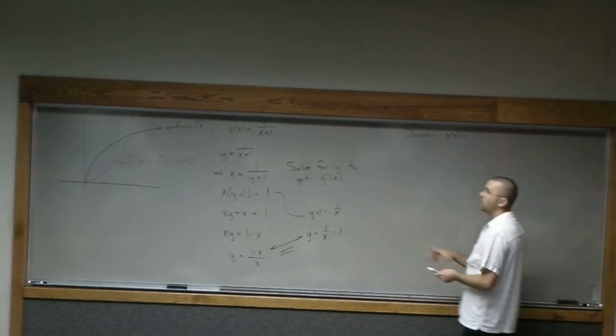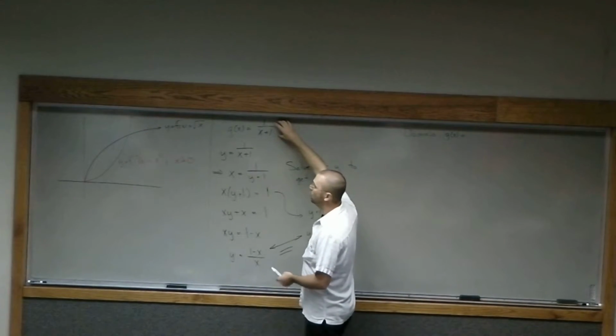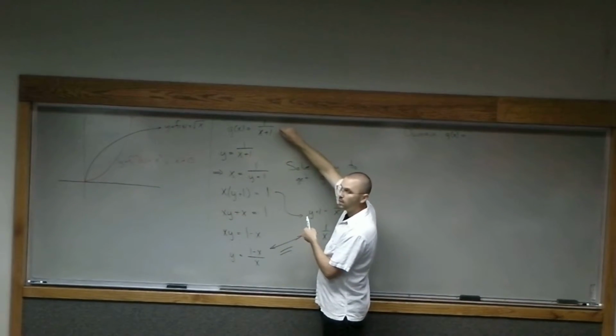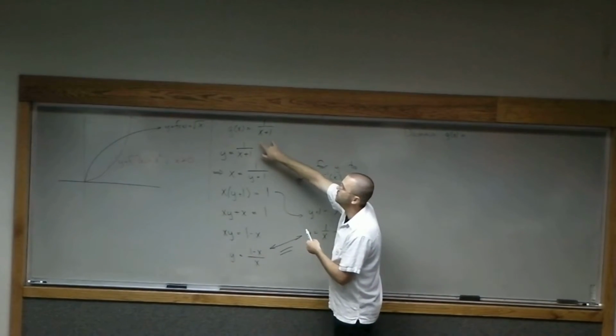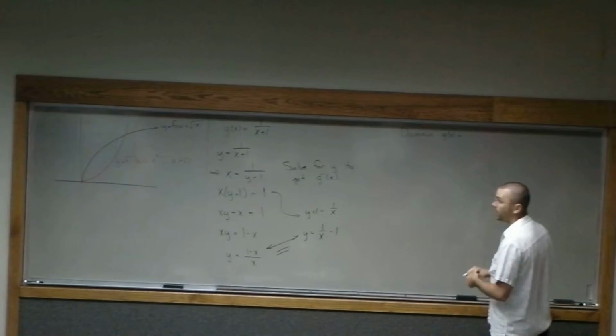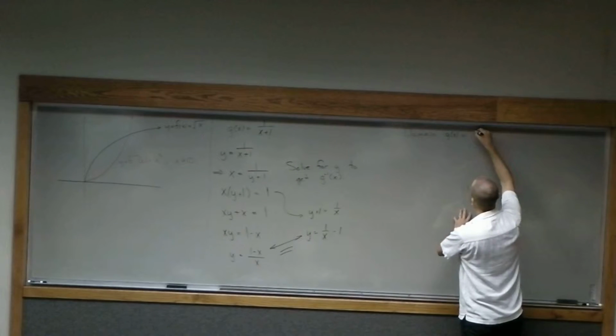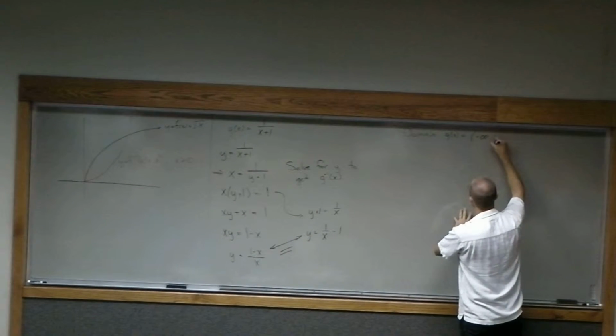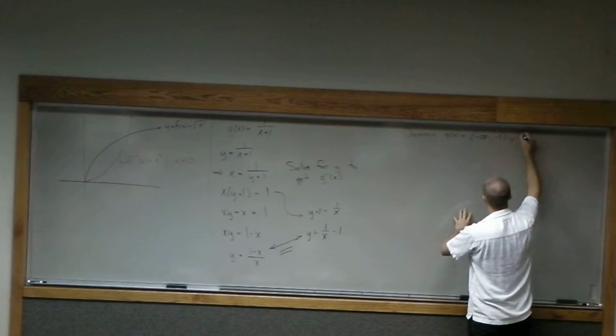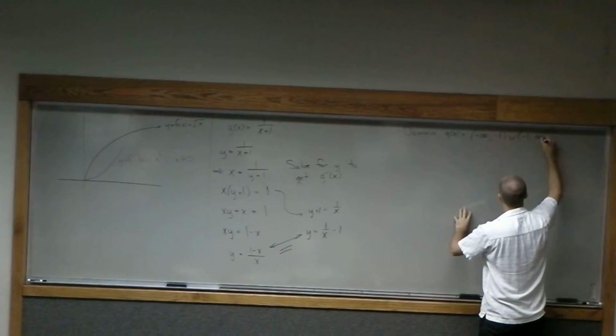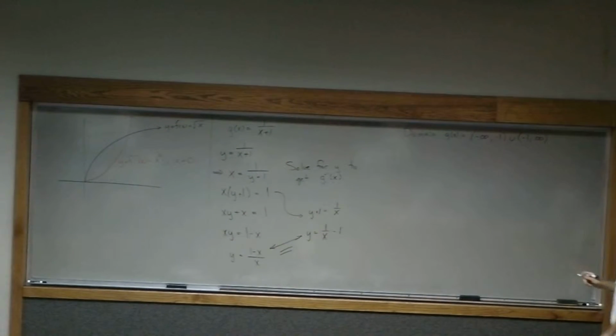Notice the rule I have to be careful of here is that I can't divide by 0. The only way I can get 0 in the denominator would be if x equals minus 1. So my domain here would be everything except negative 1. There's my notation for that.